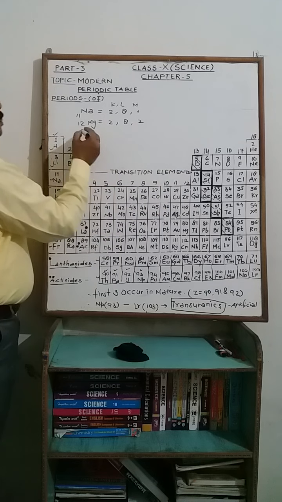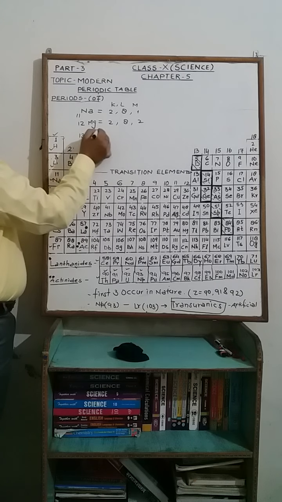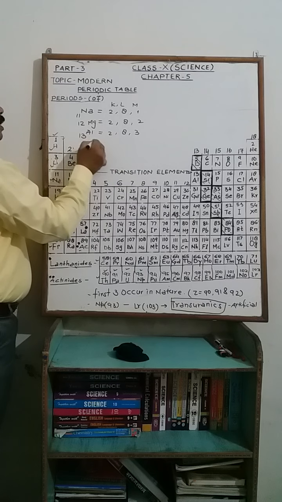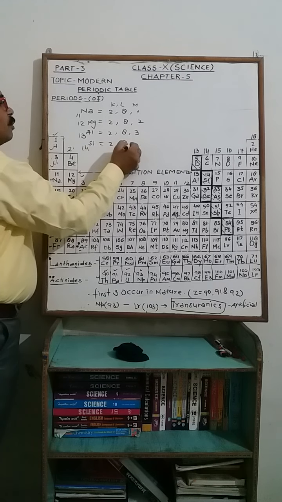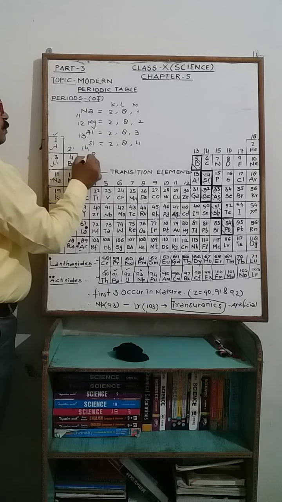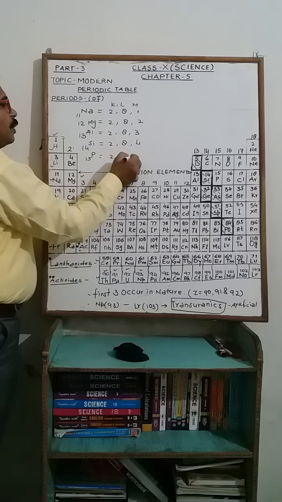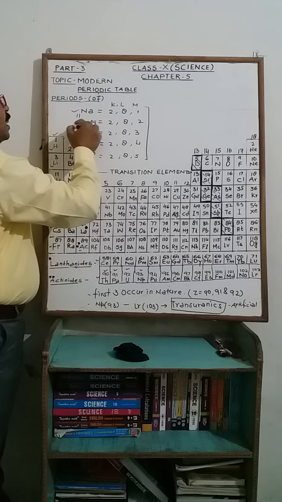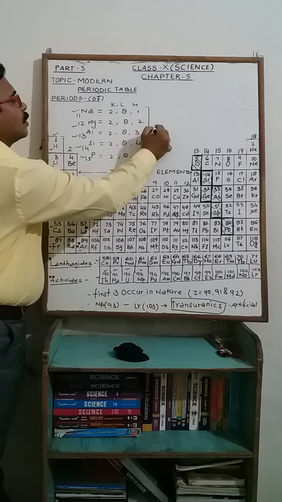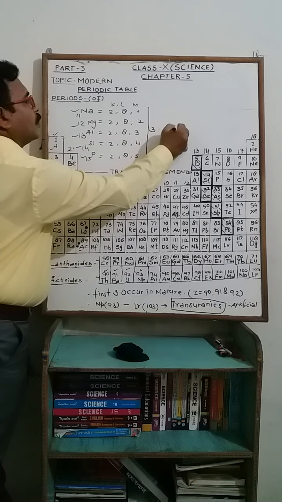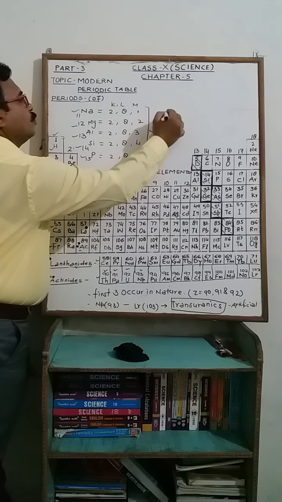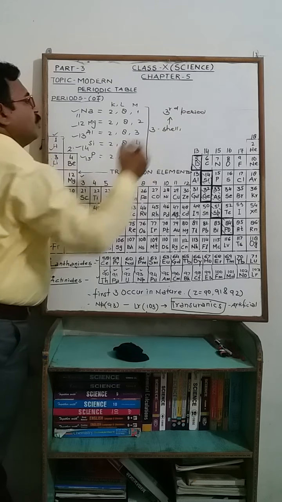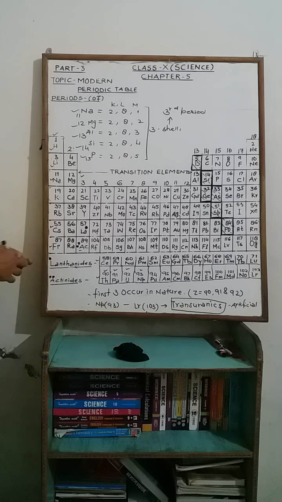Next is aluminium, 13 atomic number, 2, 8, 3, 14 silicon, 2, 8, 4 phosphorus, 15, 2, 8, 5. So what do you observe? All of these elements having 3 shells. That means belongs to third period. All these elements belongs to third period.